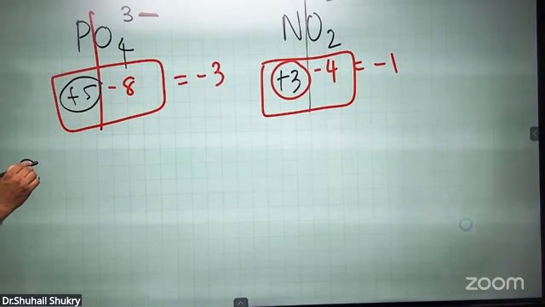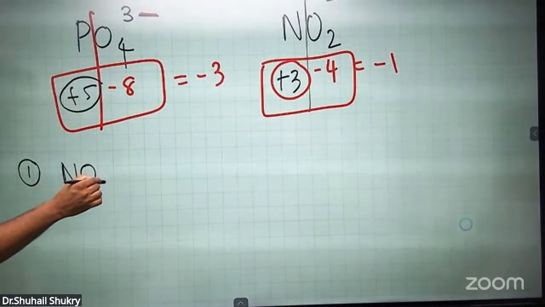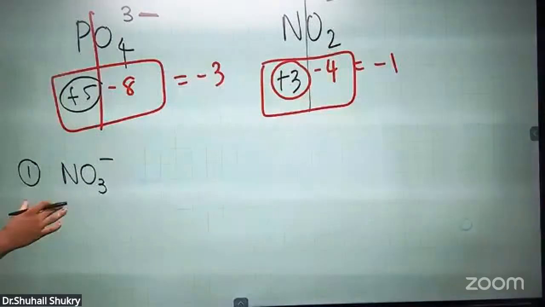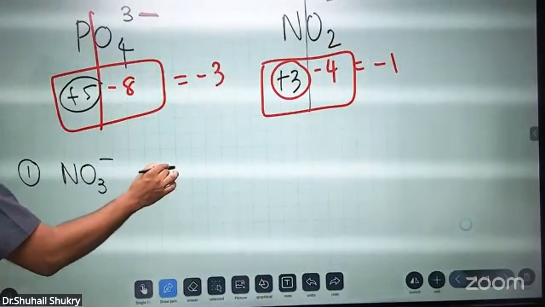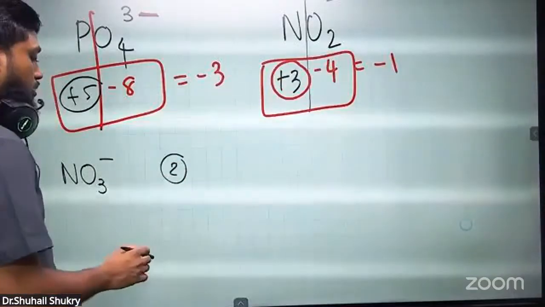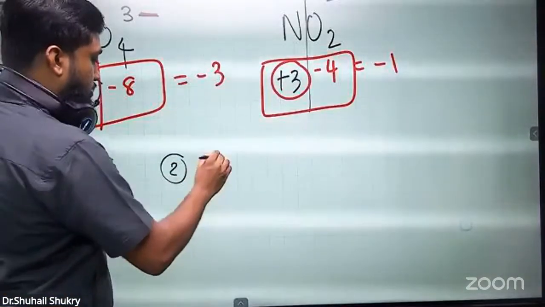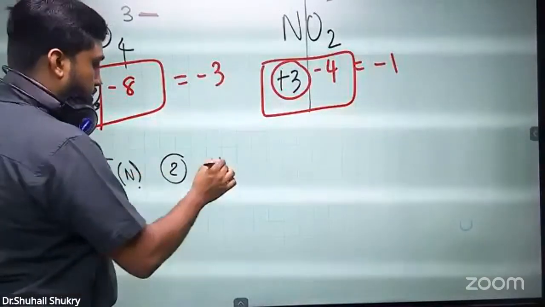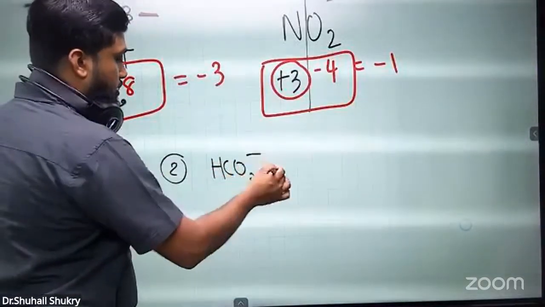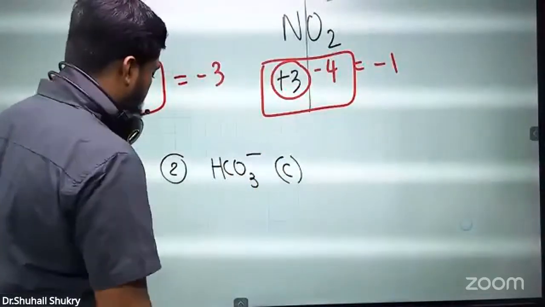Number 1, NO3 minus. Right. Number 2, HCO3 minus. Here you have to find for carbon.